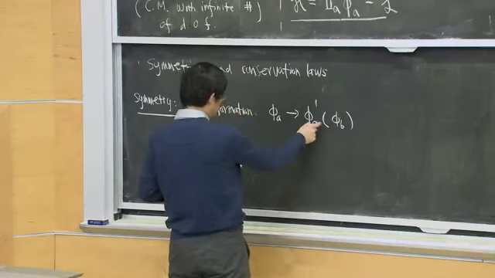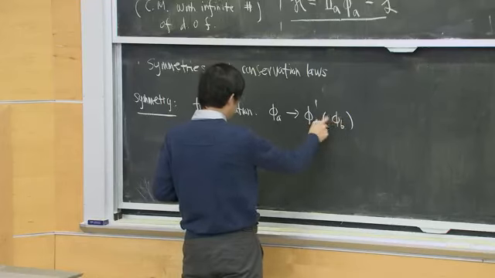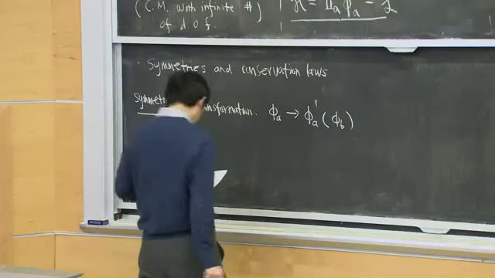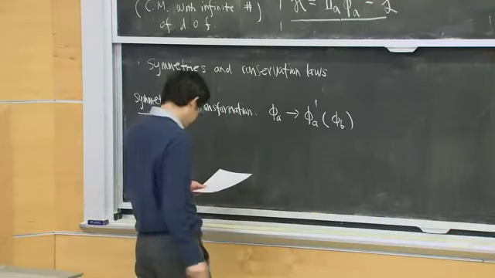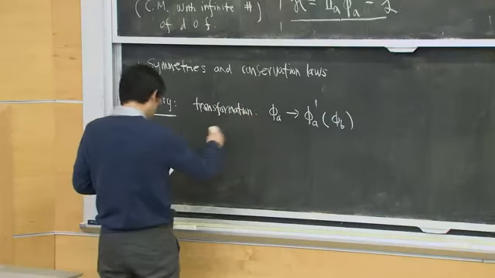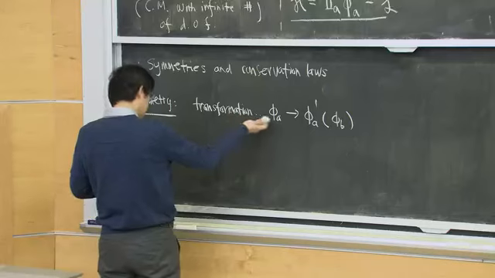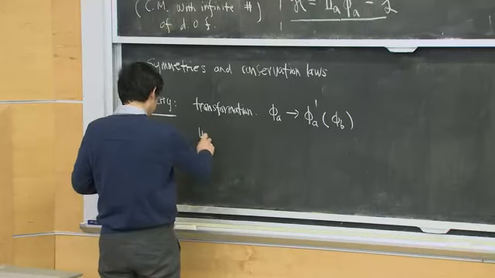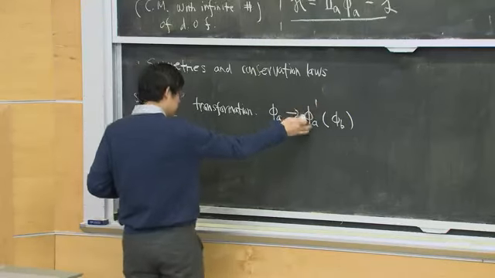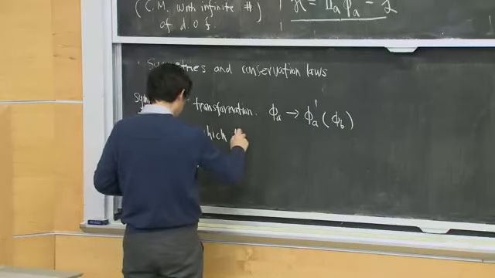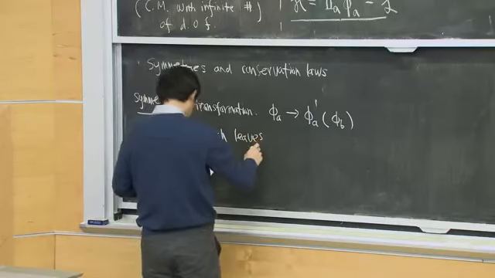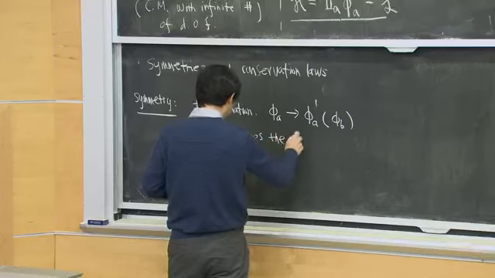So this new phi A can depend on all possible fields. Okay, so some transformation of your dynamical variables. Here prime just means a different function, it does not mean derivatives. Which leaves the action invariant.